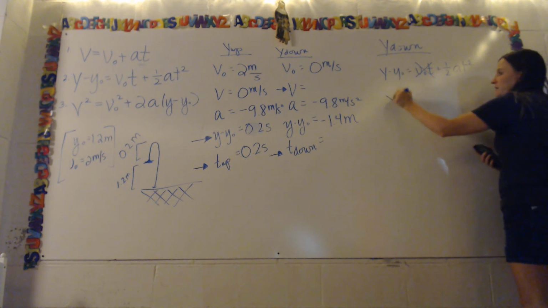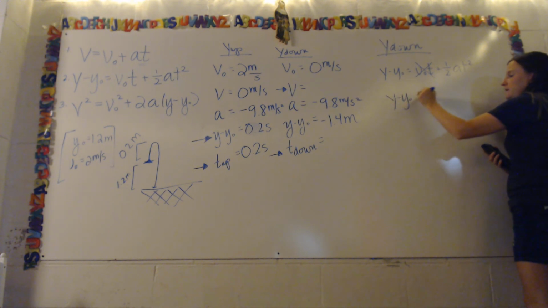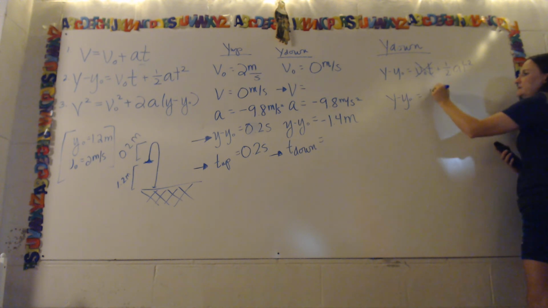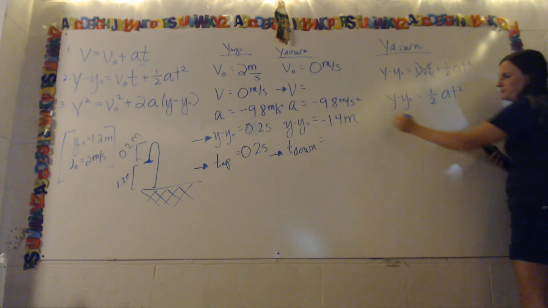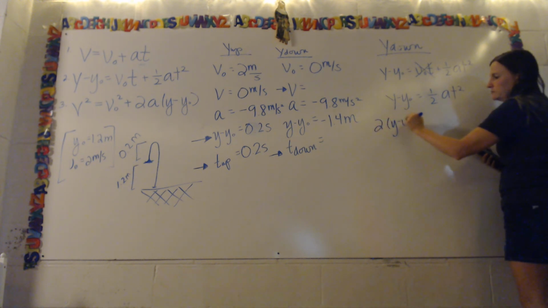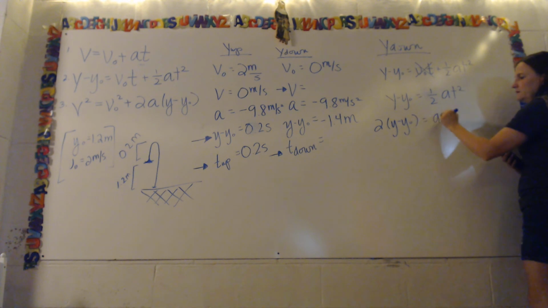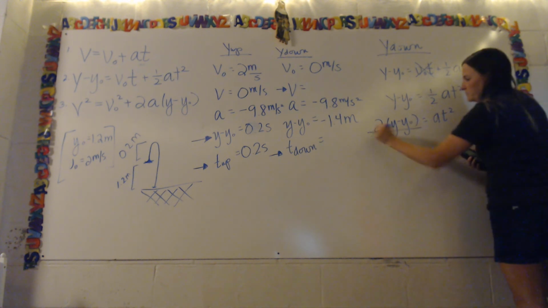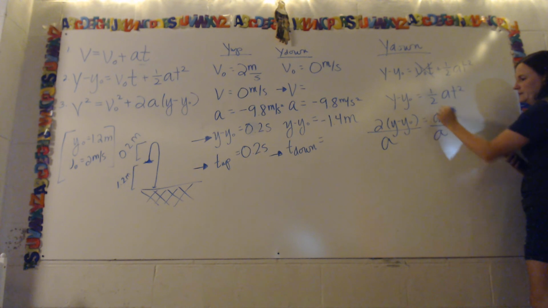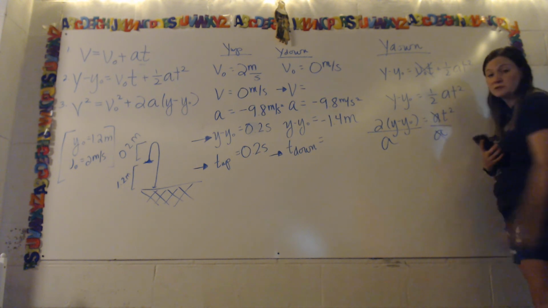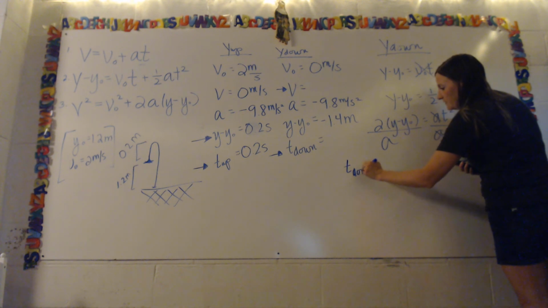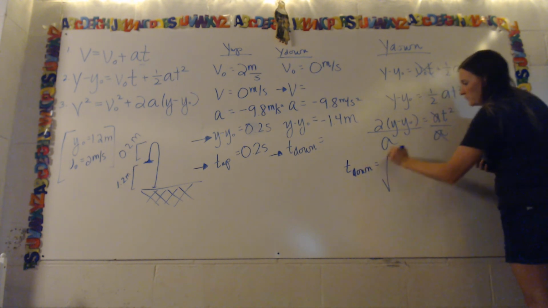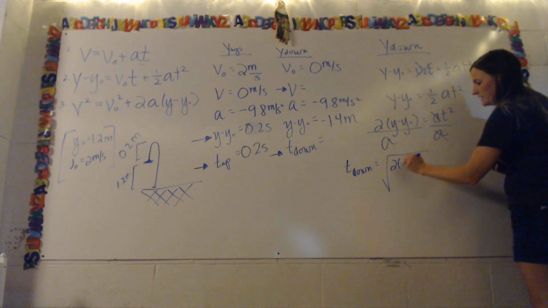So I'm left with y minus y naught is equal to, I'm just going on autopilot and writing the whole thing, 1/2 at squared. I'm going to multiply both sides by 2 to lose the 1/2. I'm going to divide both sides by a, and then we have t squared, so I'm going to take the square root of both sides. So t, and this is really t down, ends up being the square root of 2 times y minus y naught divided by a.